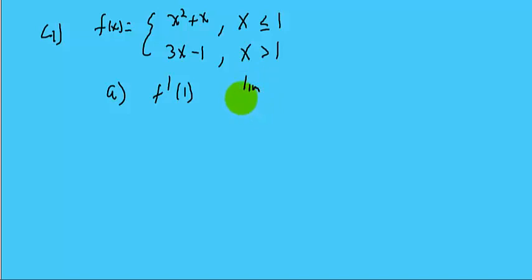X goes to 1 from the left side, which is x squared plus x. So when you plug in 1, I'm going to get 2.